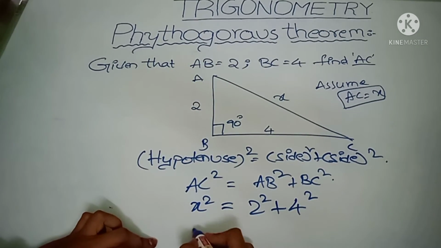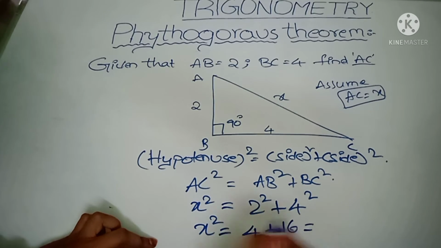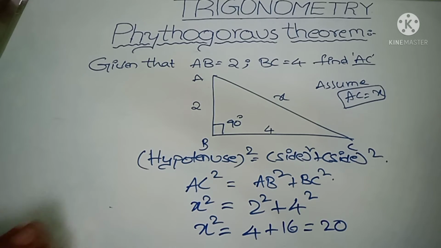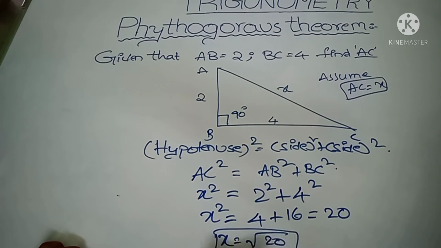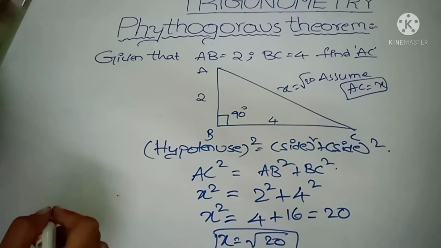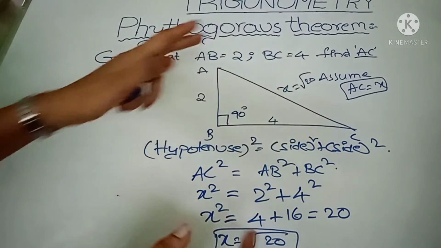What is 2 square? 4. And 4 square is 16. 16 plus 4 is 20. Then X is equal to root 20. So the value of AC is root 20. This is the method to find the value of AC.